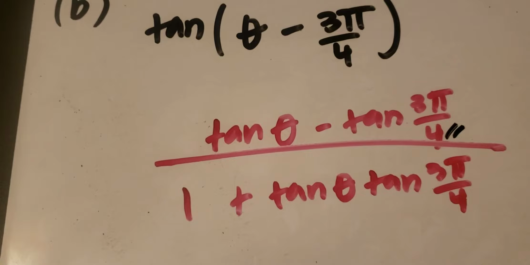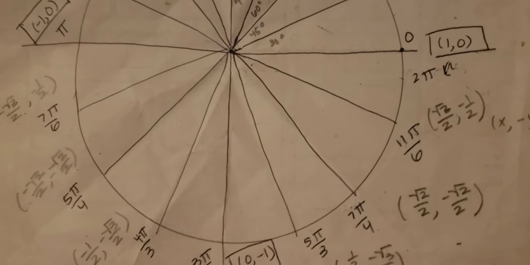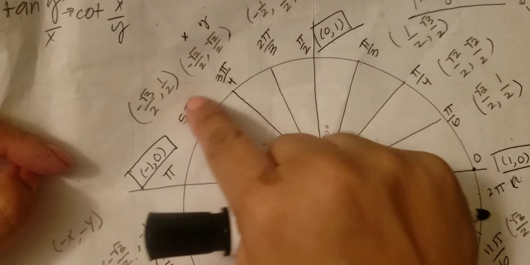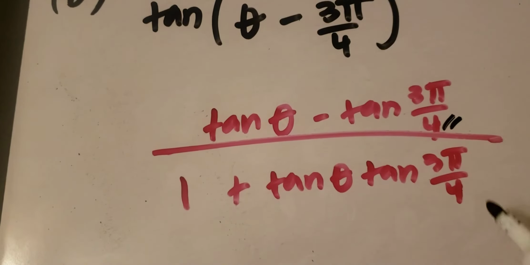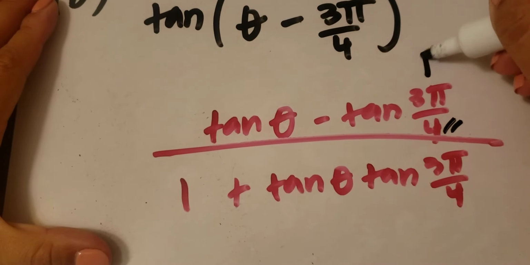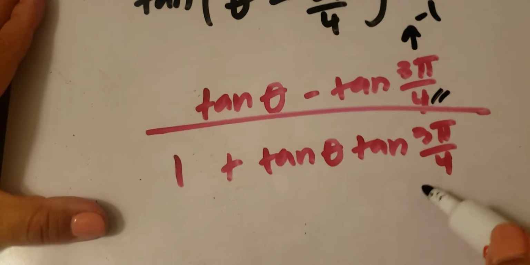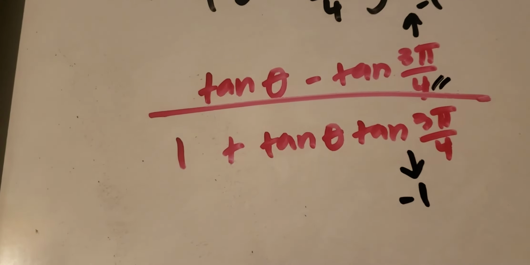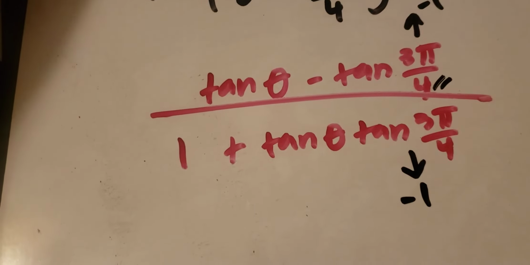According to the unit circle, 3 pi over 4 is here, and tangent of 3 pi over 4 is -1. That's what tangent of 3 pi over 4 is.